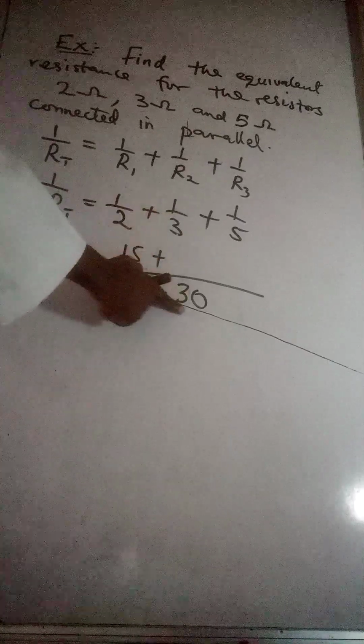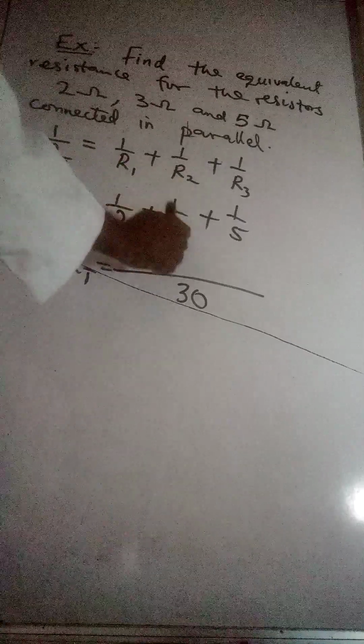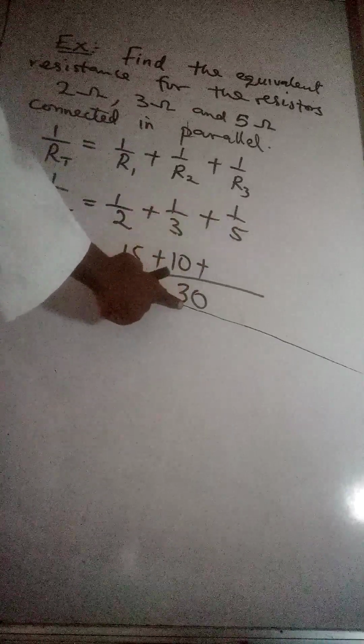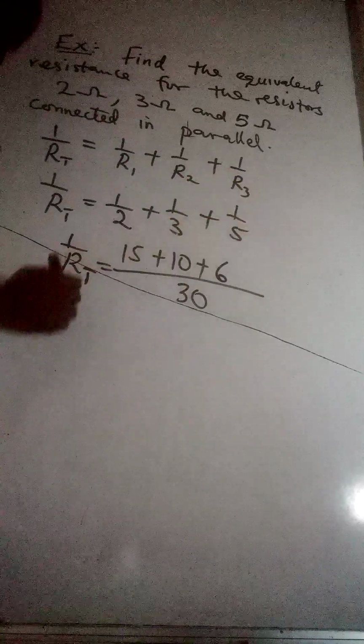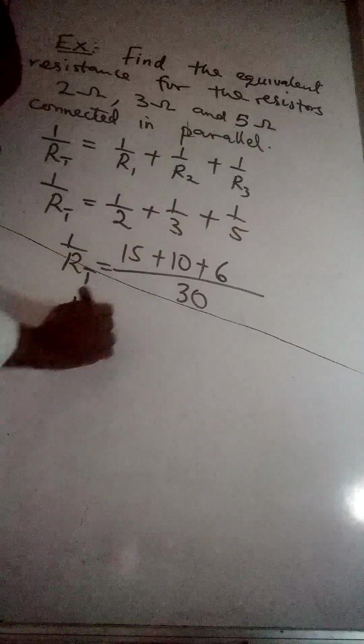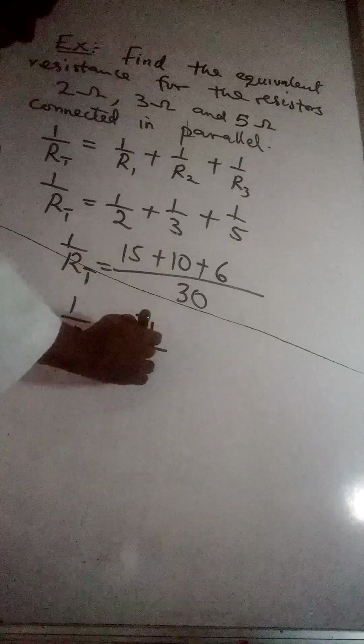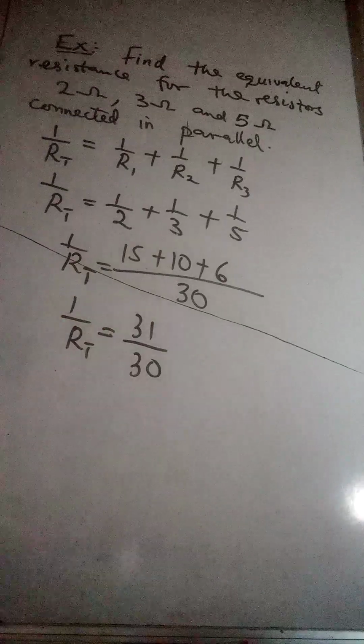Plus 3 in 30, that is 10. 10 times 1, that is 10. Plus 5 in 30, that is 6. 6 times 1, 6. That means 1 over RT now will be equal to the addition of this, which is 31 over 30. Okay?